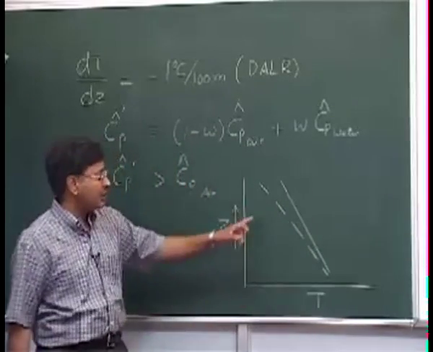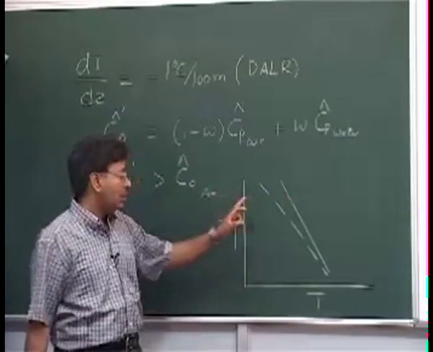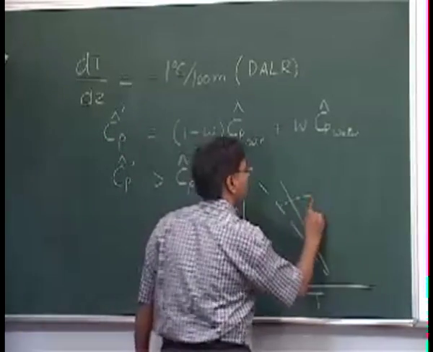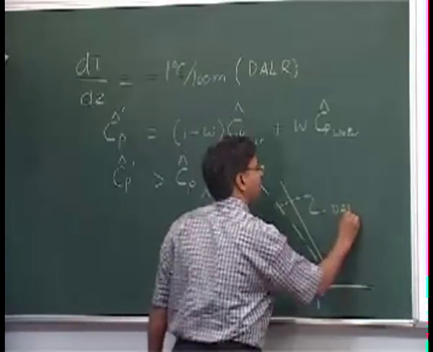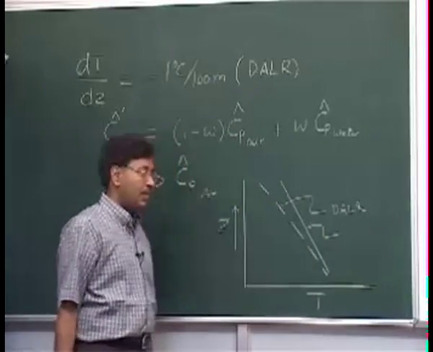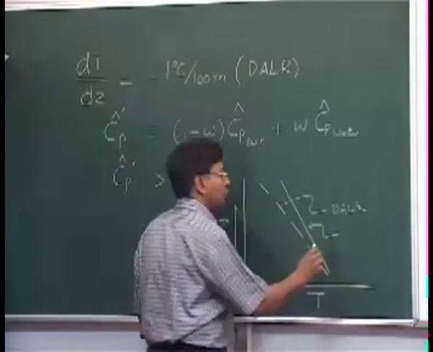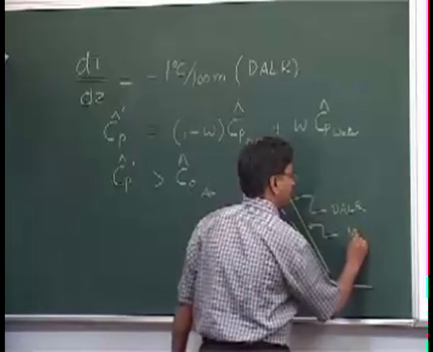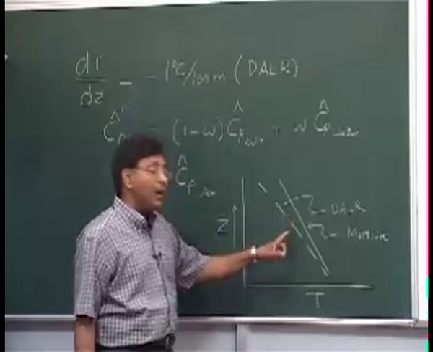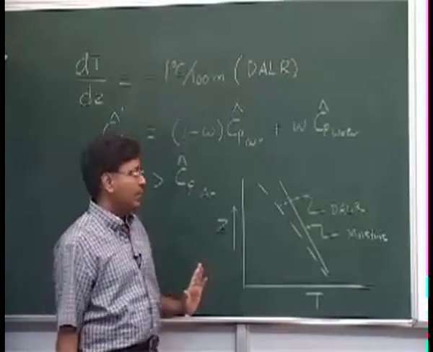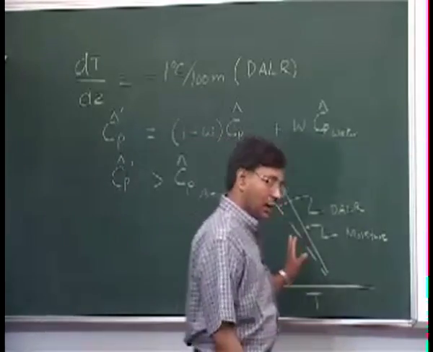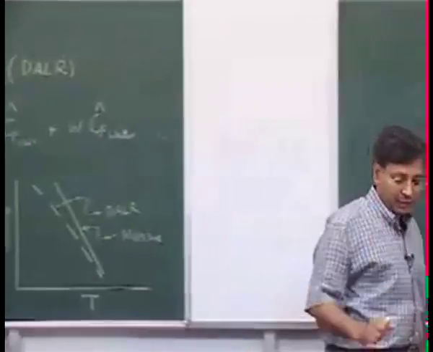After considering the moisture, the graph between Z and T will be like this. So this is your normal DALR, and this is the condition when there is moisture in the air. This will depend on the local conditions. I wanted to make this clear because we really rushed through this graph yesterday.